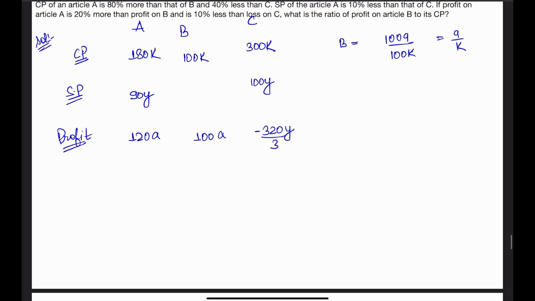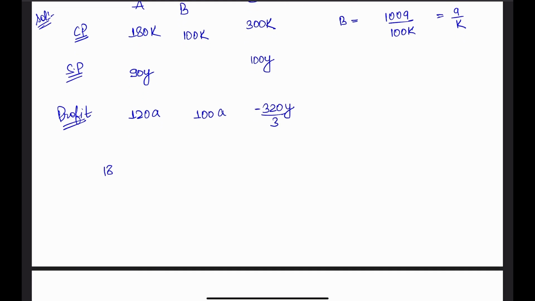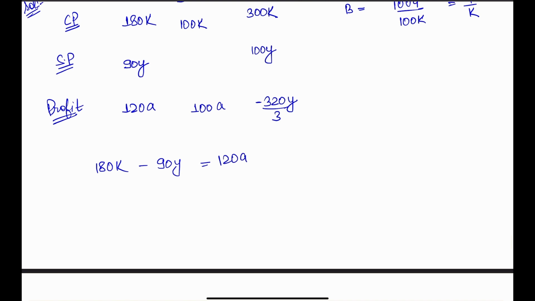So what I can say with this one, 180K minus 90Y is 120A, right? I need to find the A upon K value, so I need to remove the Y value. And here 300K minus 100Y equal to minus 320Y upon 3.